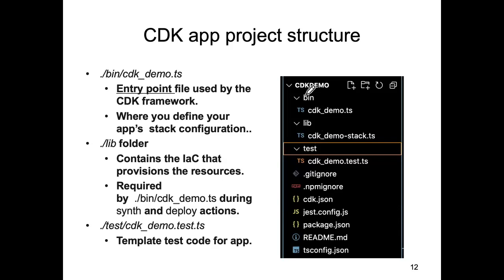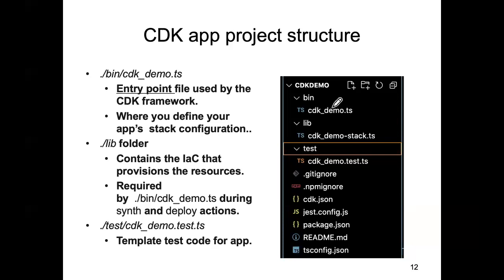But if we take it from the top, there's a bin folder, and the file inside that folder, the name tends to be the same as the name of the actual parent folder itself, but you can change it if you want to, but there's no need to. These are all TypeScript files in my case, because I asked it to create a TypeScript CDK app for me.